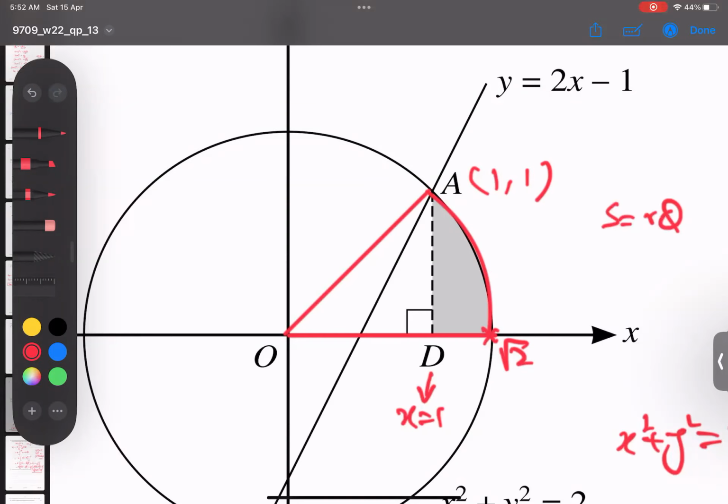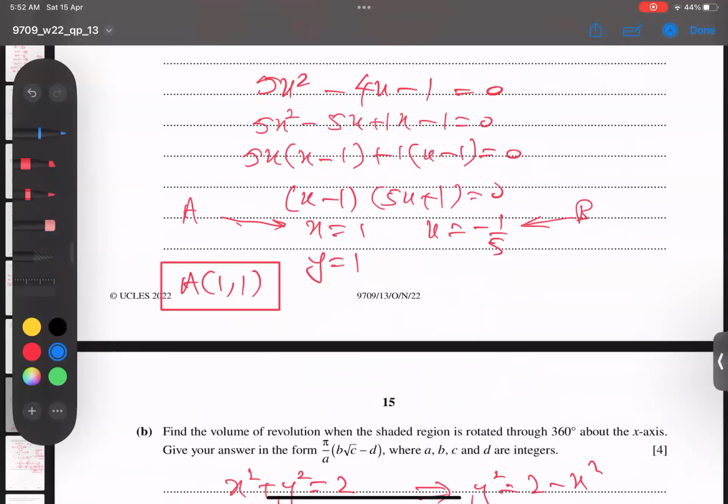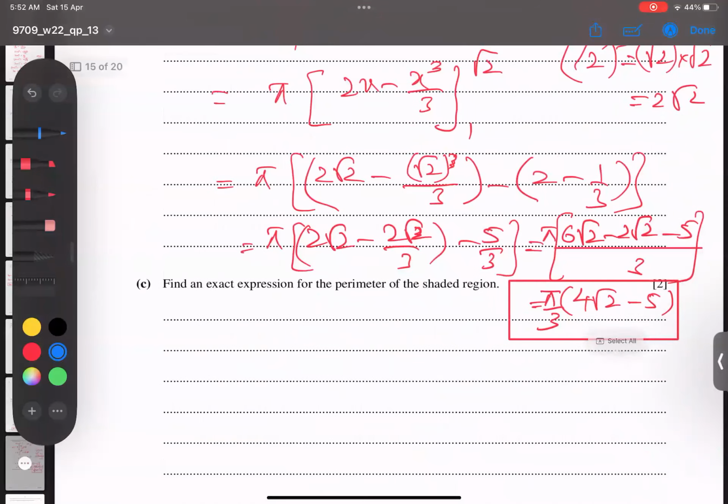And for your knowledge, what is this graph? The radius is root 2. So the radius is clear. My target here is to find the exact expression for the perimeter of the shaded region.